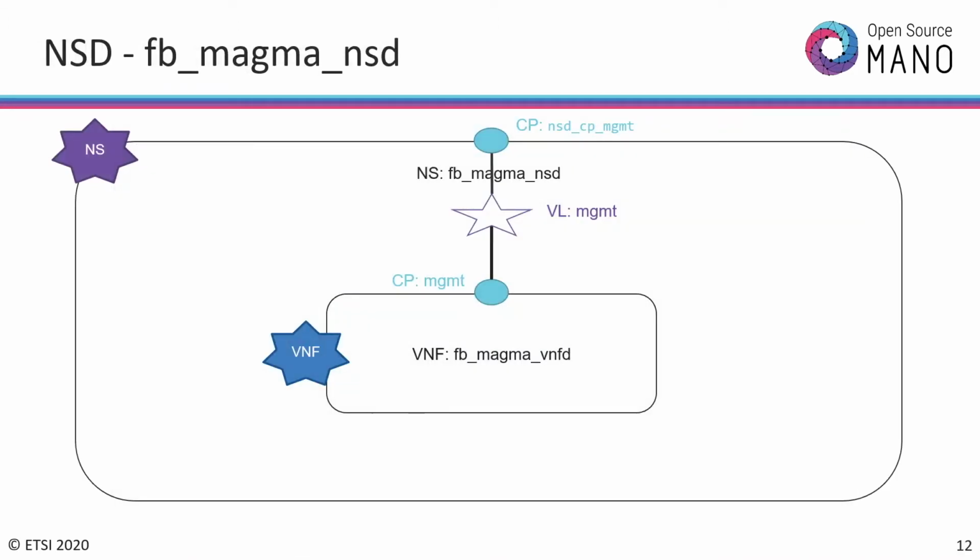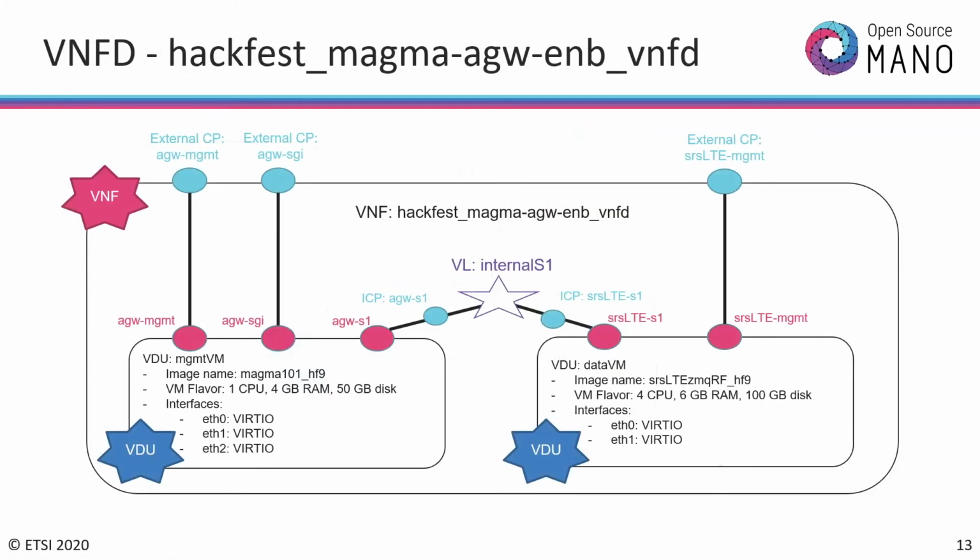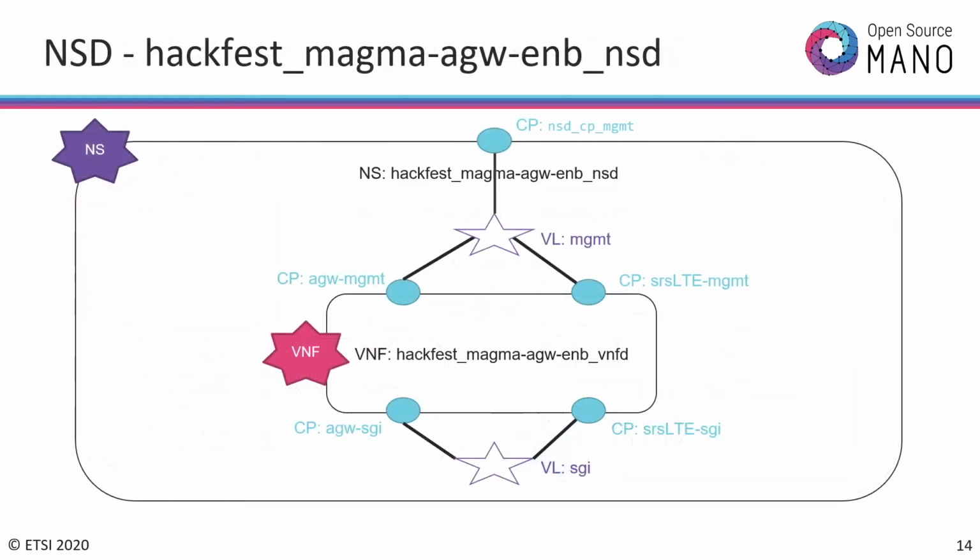This is the network service for that Facebook Magma orchestrator. Basically, it has a connection point for management through a VLD. This can be modeled as a switch, and then another connection point to our network slice template. Here we have the VNFD for the Magma gateway. I'm not going through details.